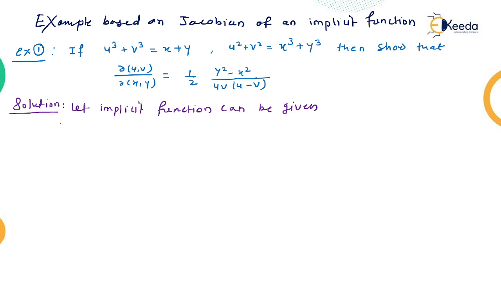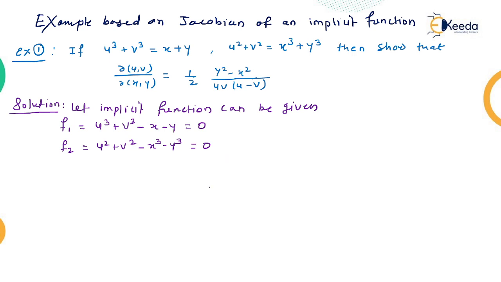So let me call the first function f1, and f1 is equal to u cube plus v cube minus x minus y, equal to 0. And we define f2 as u square plus v square minus x cube minus y cube, equal to 0. So these are f1 and f2.